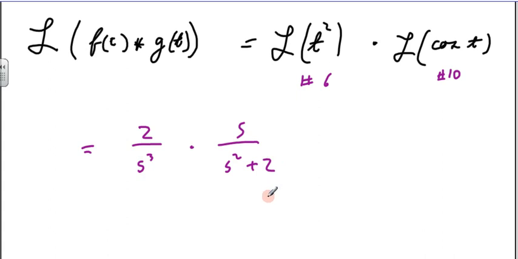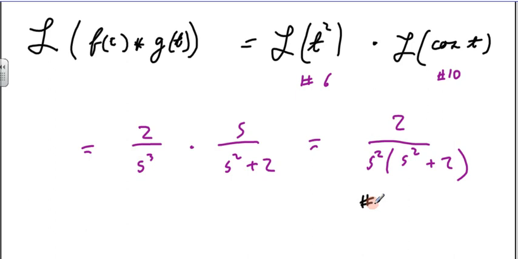Okay. Seems like s cubed cancels with the s, so it's going to be 2 over s squared, times 1 over s squared plus 1. And we look at our table of Laplace transforms, we see that this is number 23.